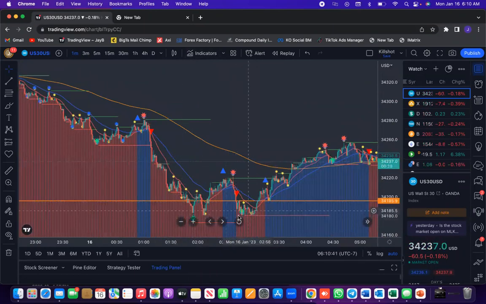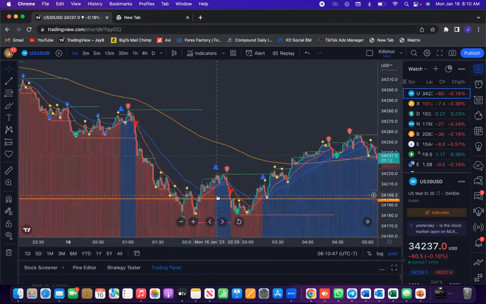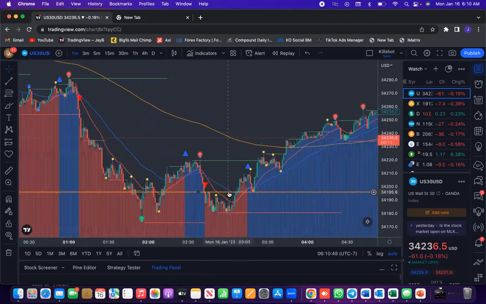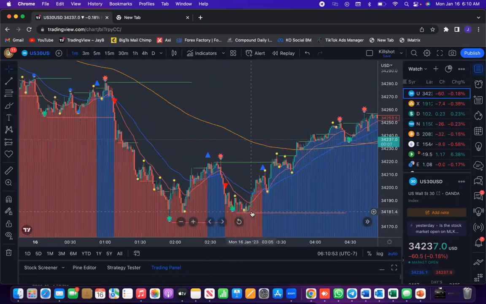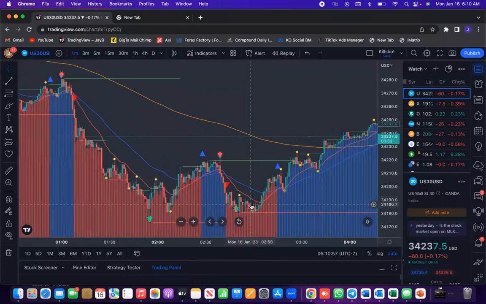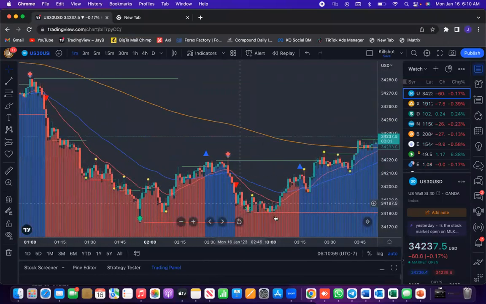So we had this support area. Okay. So the first thing we're going to look for on this chart, if you are getting into this sell, okay, and this trend wants to shift, what we want to look for is a little area like this.